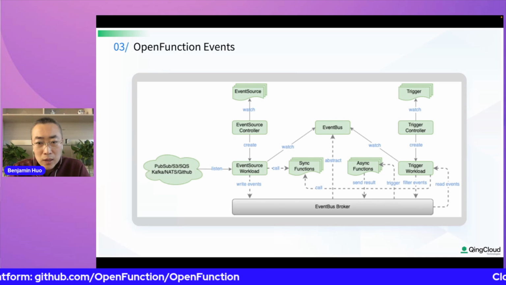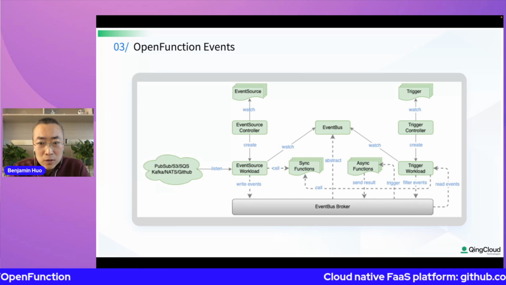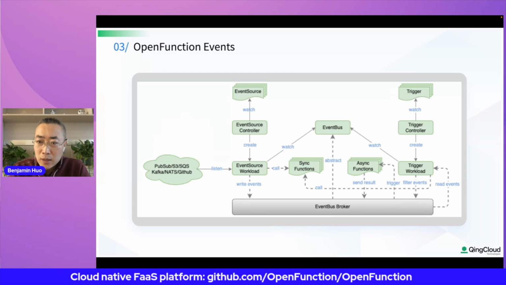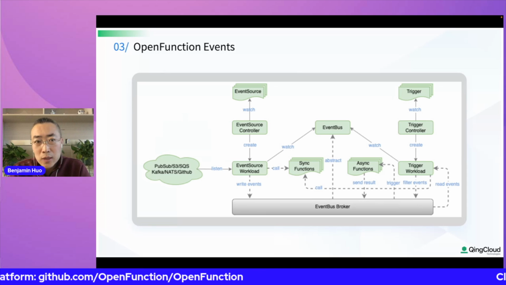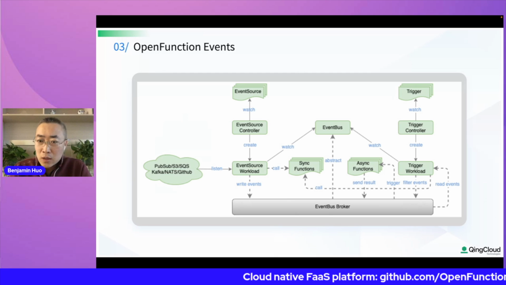So actually, the user can use any message queue as OpenFunction's event bus. He can use a cloud MQ like Azure Event Bus or Google PubSub, and he can also use open source MQ like Kafka, NATS Streaming, etc. So this is the events framework.